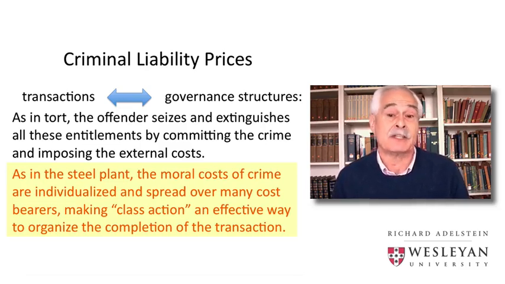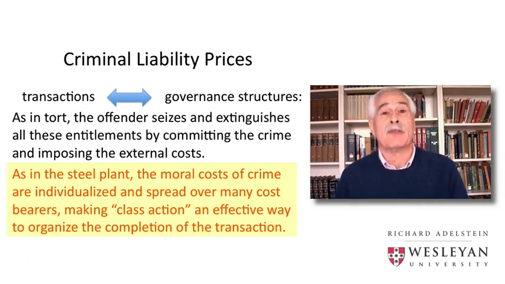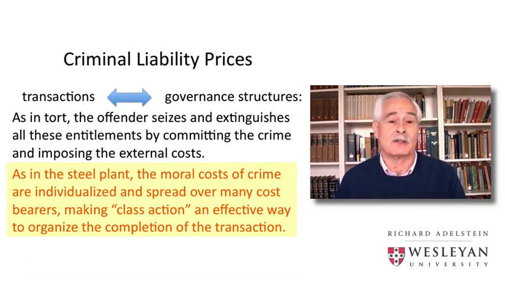And, of course, because these are spread over many cost bearers, if there were no class action analog in the criminal system, then there'd have to be many, many different individual liability suits, criminal liability suits, in theory, by the bearers of cost one at a time against the offender. And, of course, this would be extraordinarily difficult and extraordinarily uneconomic.